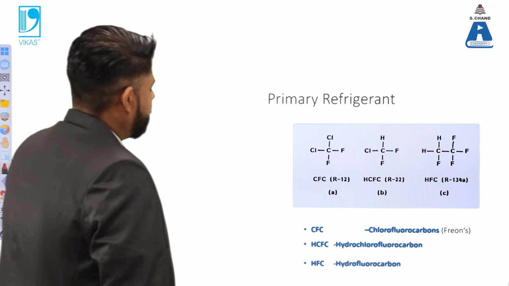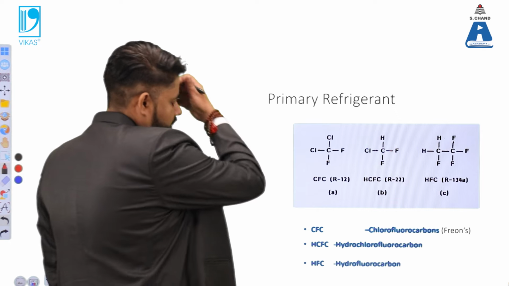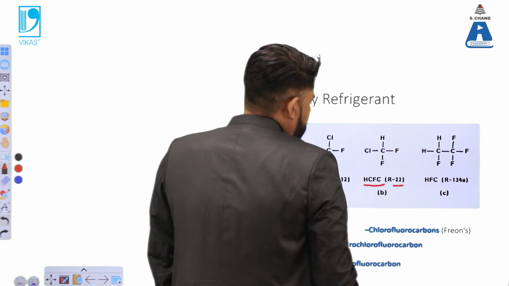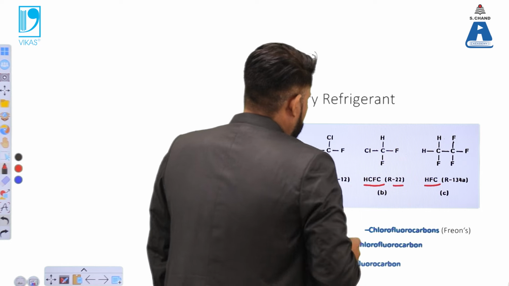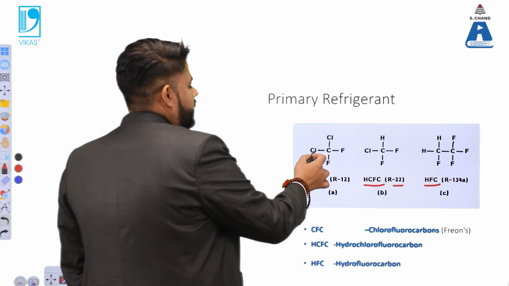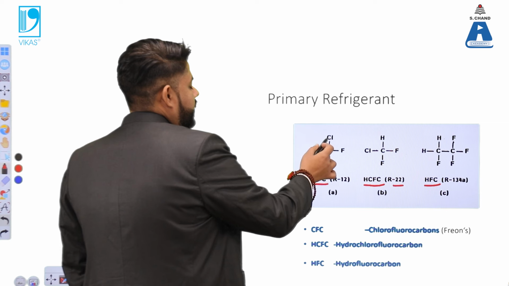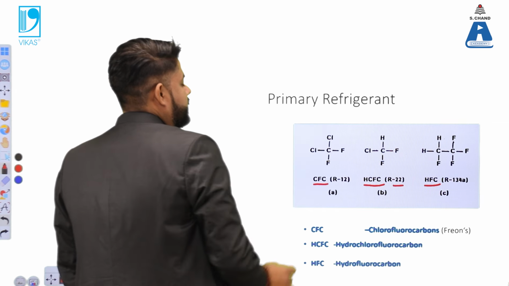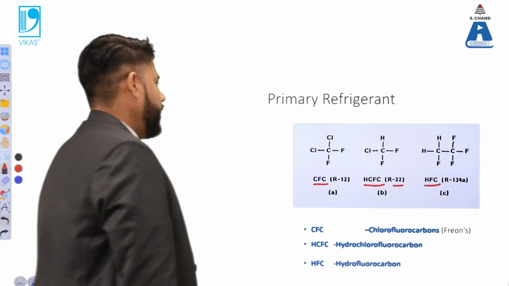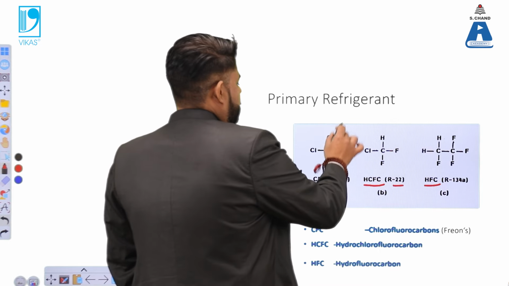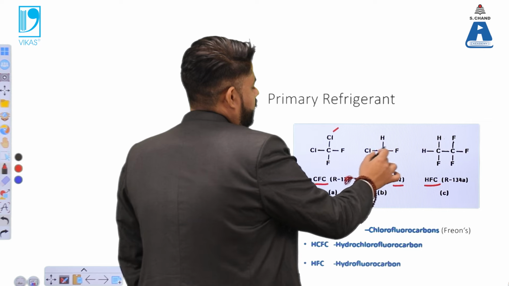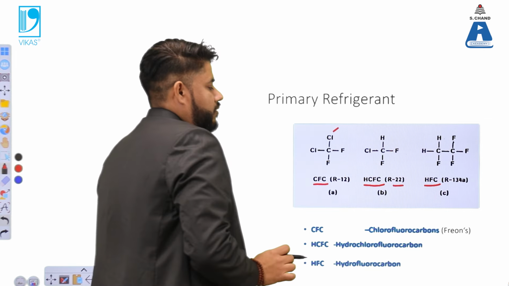Primary refrigerants have certain examples like CFCs or HCFCs, which is R22, or HFCs. If I talk about the structure, you have a carbon, then chlorines are there and two fluorines are there. So these are chlorofluorocarbons. And when we strike off a chlorine and replace it with hydrogen, it becomes a hydrochlorofluorocarbon.